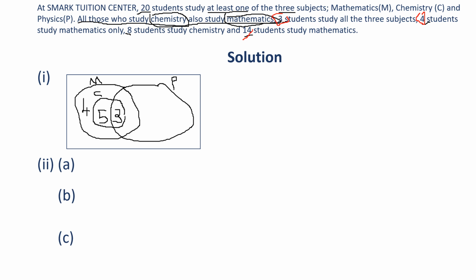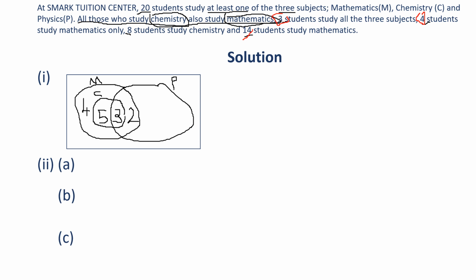Then you subtract 12 from 14, you are getting 2. So the 2, we will indicate under the intersection of mathematics and physics. We can't indicate them anywhere else because we are going to disturb the figures.